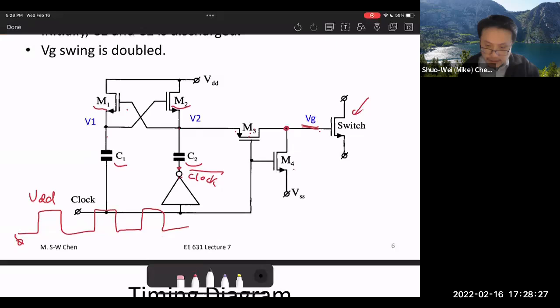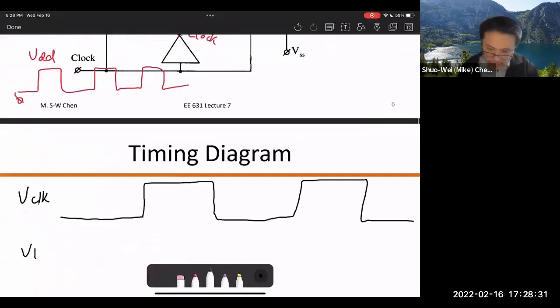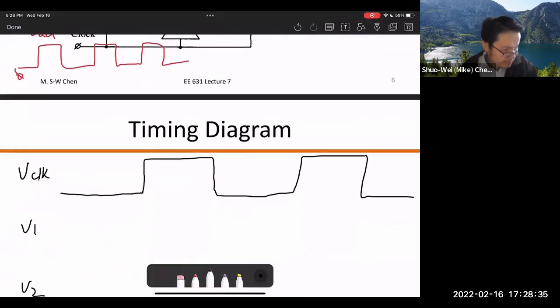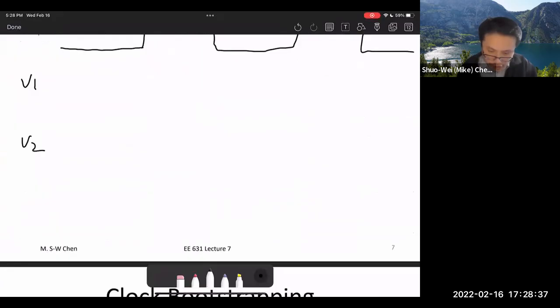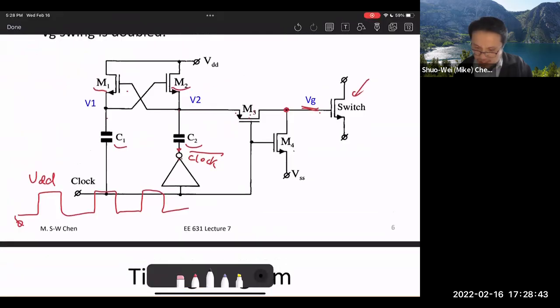The V1 node is the other side of C1. And then there's a V2, which is on the other side of C2. And then there's a VG. VG is right here, right here.